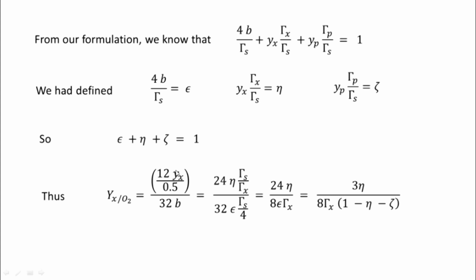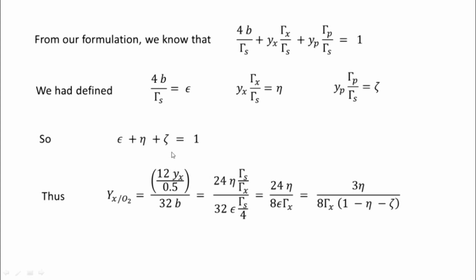Just repeating this. Thus, Yx/O2, we have already seen, is mass of cells by mass of oxygen, 12 Yx by 0.5b, where 12 by 0.5 is 24. Yx from here is nothing but eta gamma S by gamma X. That is what I have done here. Eta gamma S by gamma X has been replaced for Yx, and b from here is nothing but epsilon gamma S by 4.